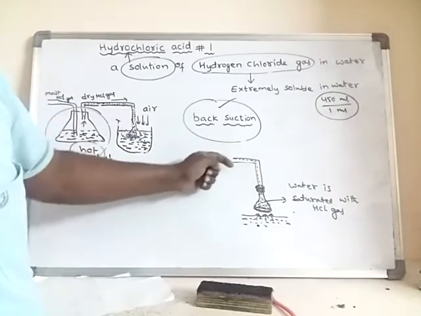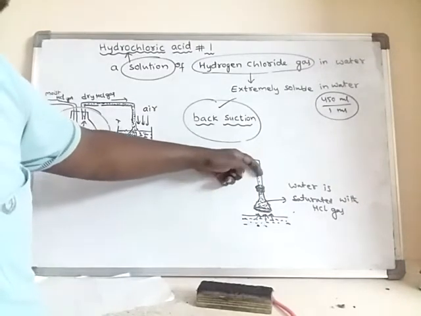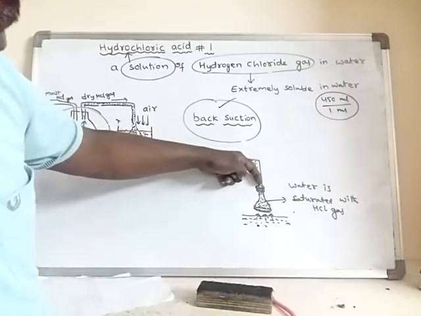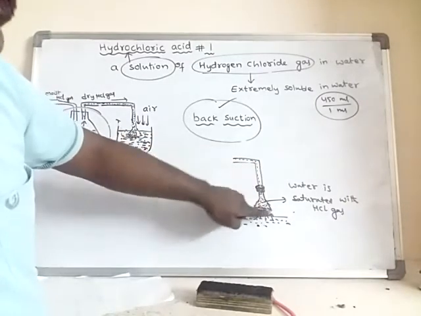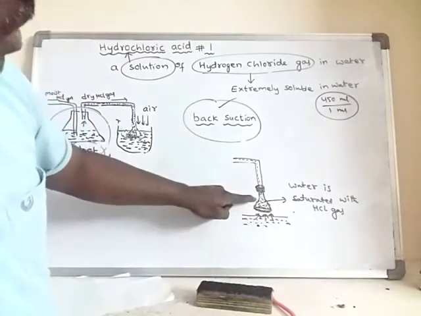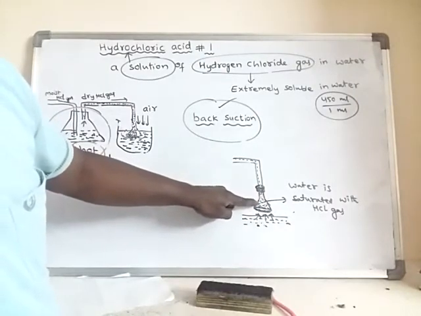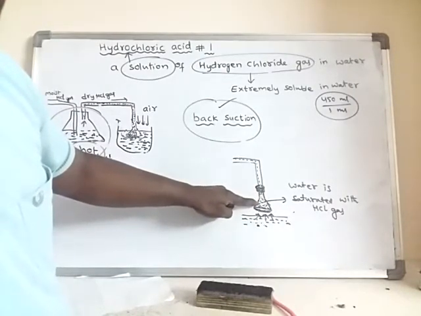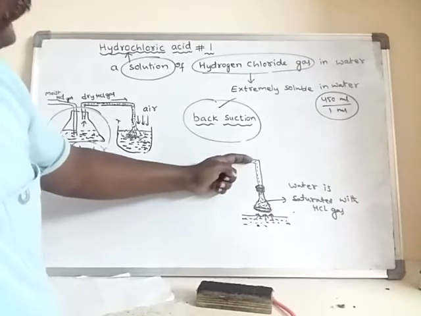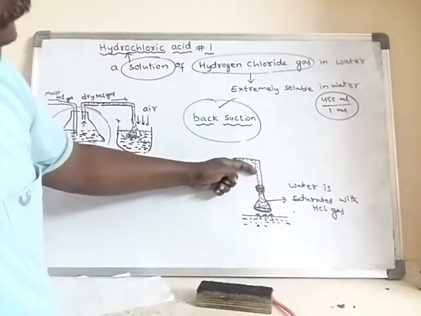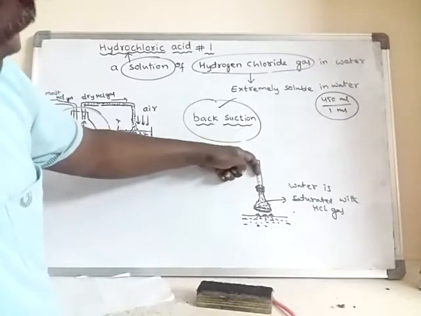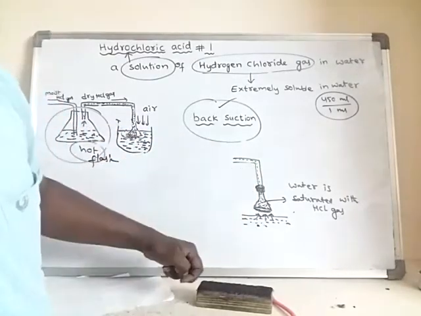The HCl gas which is coming up to here is unable to dissolve in it because a saturated solution is already prepared here. So the coming HCl gas will gather here and start pushing down.